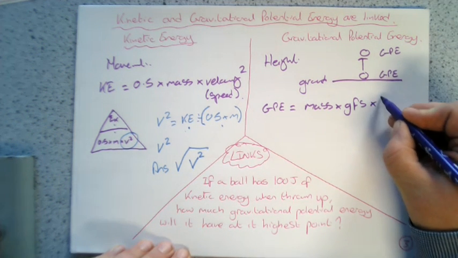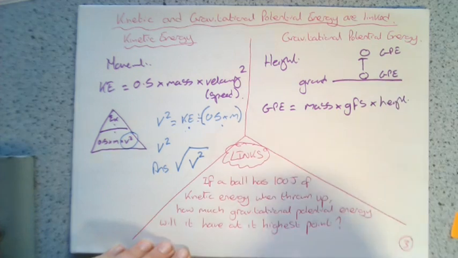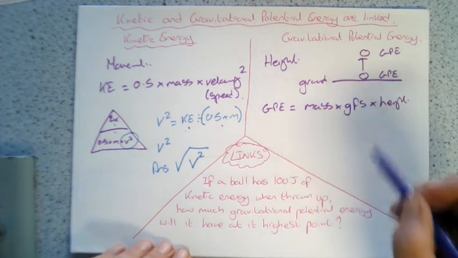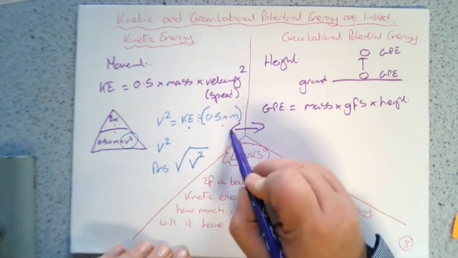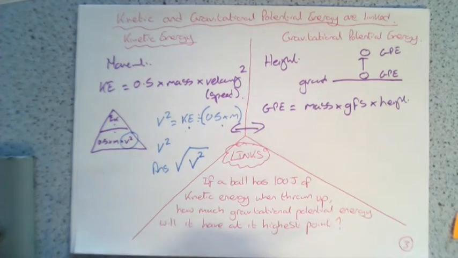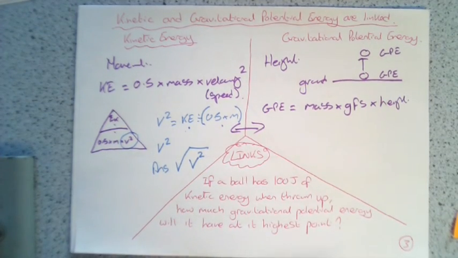And we multiply it by the height at which it's moved to. I'm using these words, movement and height, because these two equations link together. And tomorrow, we could be a little bit sneaky and ask you to work out the gravitational potential energy of an object. So if I just use an example here.